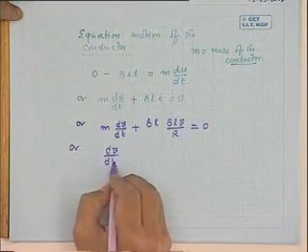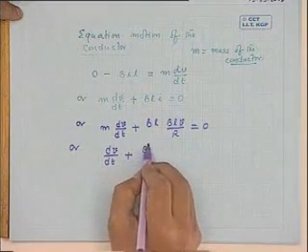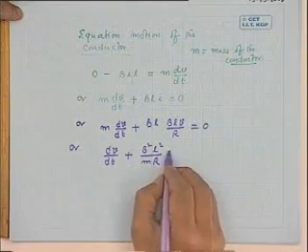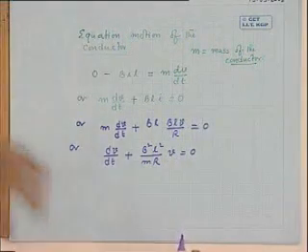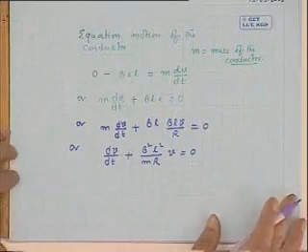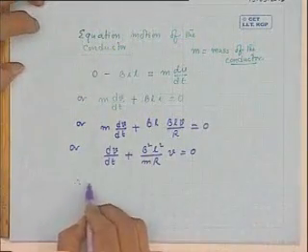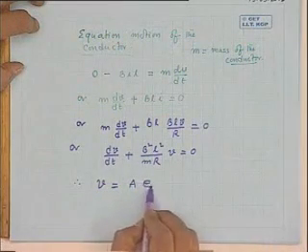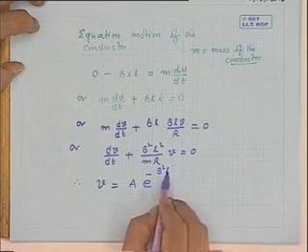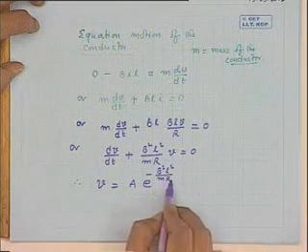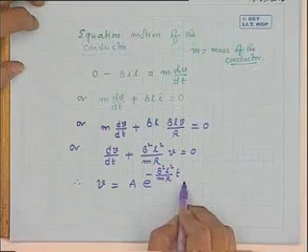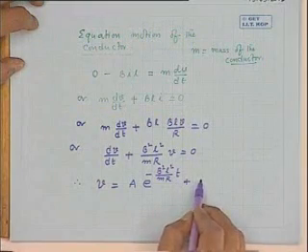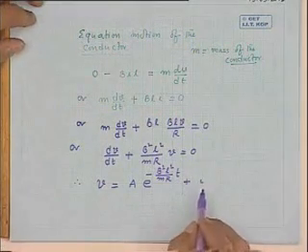Or you can write this as dV/dt plus B squared L squared by MR, into V, equal to 0. If I am wrong, correct me. Therefore, it is a first order differential equation. So the solution of which can be written by inspection, which will be equal to some constant A into e to the power minus B squared L squared by MR into t, plus some constant maybe there.